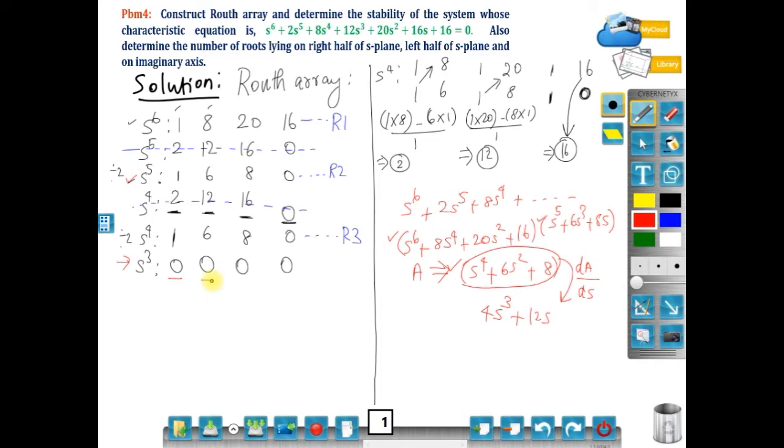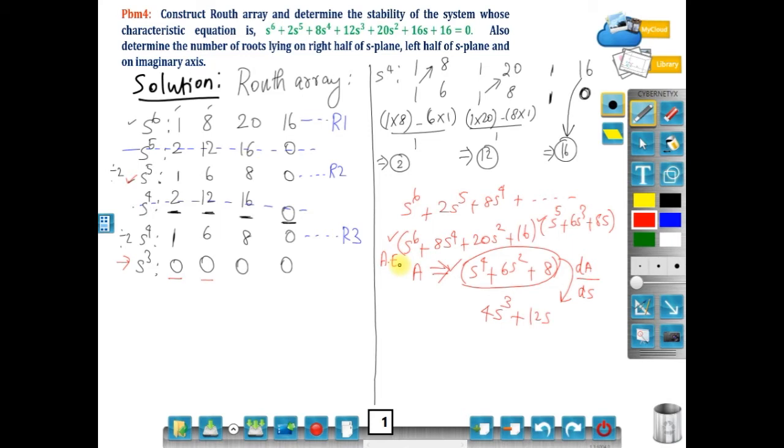So we simply use one logic: we take the auxiliary equation, AE, of the row before where we terminated.